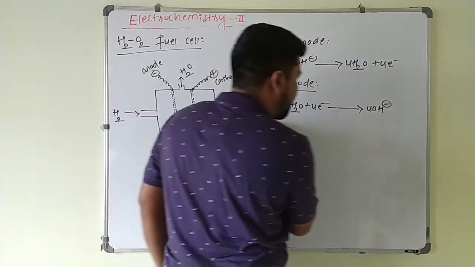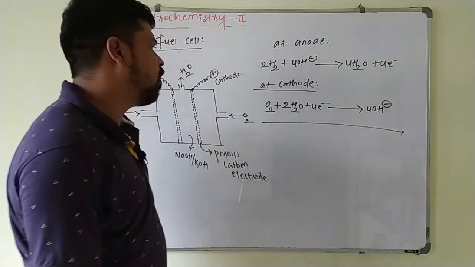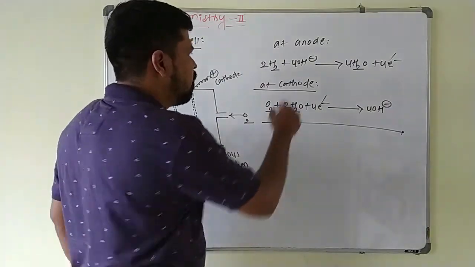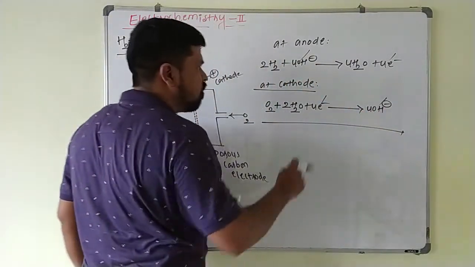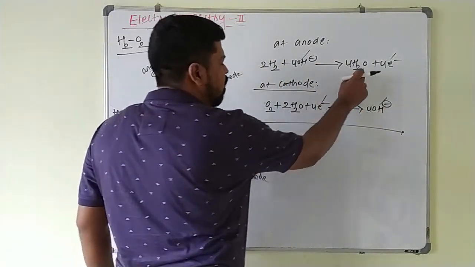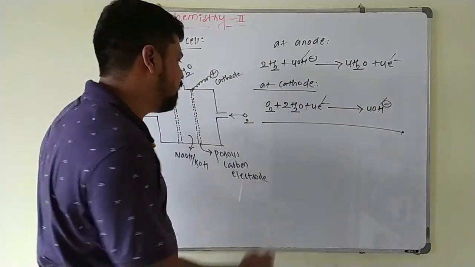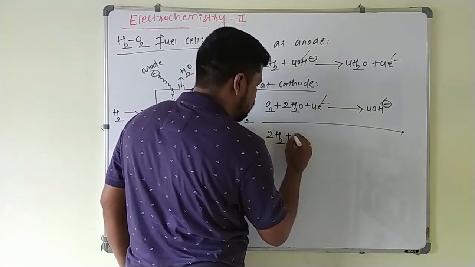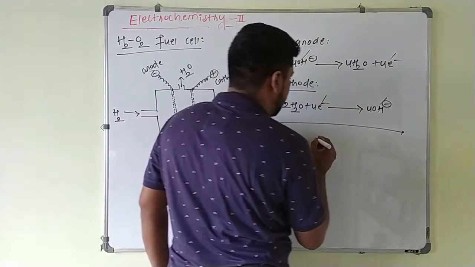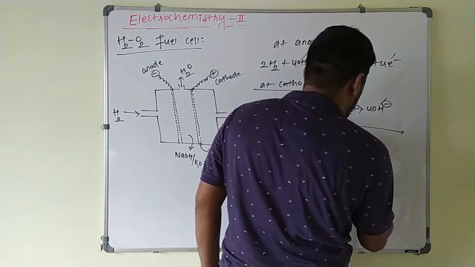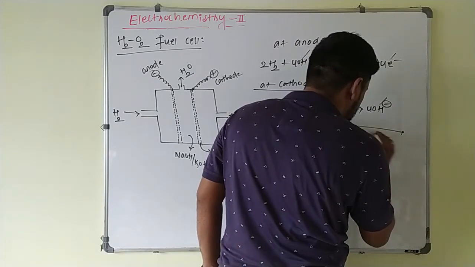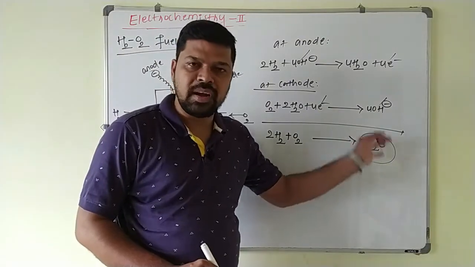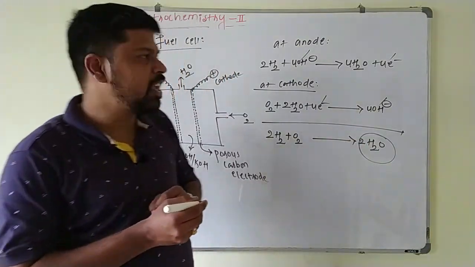Now the overall reaction: the 4 electrons cancel, and the 4OH minus cancel. Of the 4 water molecules on one side and 2 on the other, 2 water molecules remain. So 2H2 plus O2 combine to form 2H2O. Water is also formed as a byproduct, and this water can be condensed and used for drinking purposes.